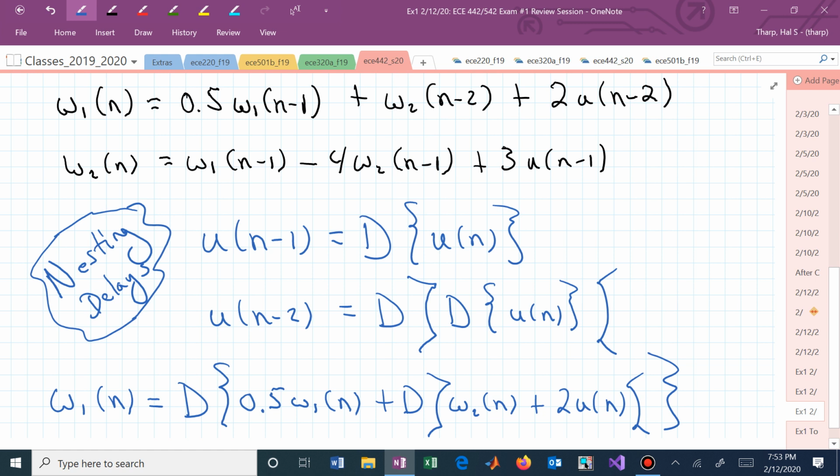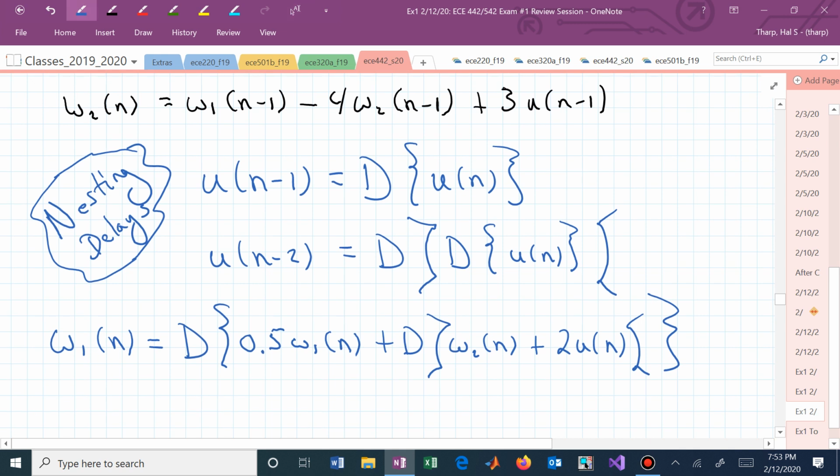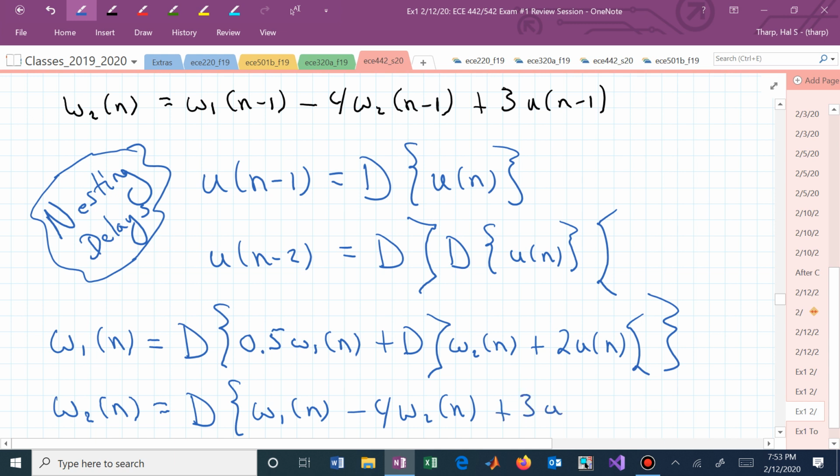Can you now do that for W2 of n? This one actually is not as involved because they're all at n minus 1. I just need one delay for this one. This is now a delay, and I have W1 of n minus 4 W2 of n plus 3 U of n.